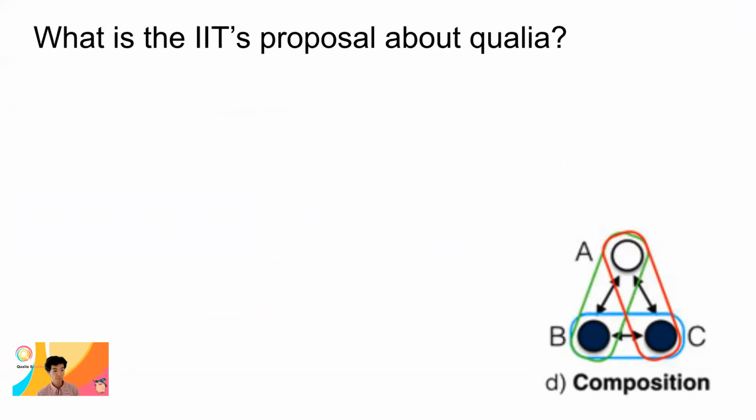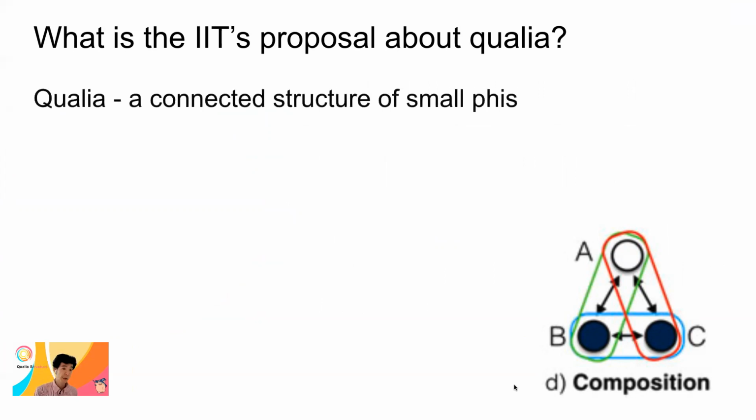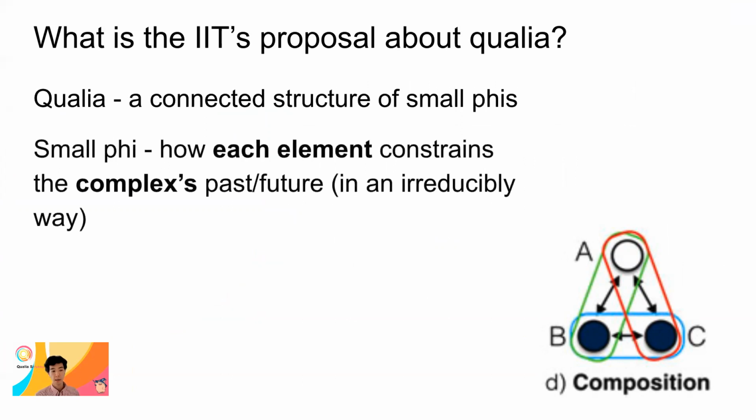So IIT now needs to translate that into the physical mechanism. And the way they do it is that, because there has to be the connected structure of the phenomenology, the small pi is proposed as how each element of the complex constrains the complex as a whole, past and future, in an irreducible way.